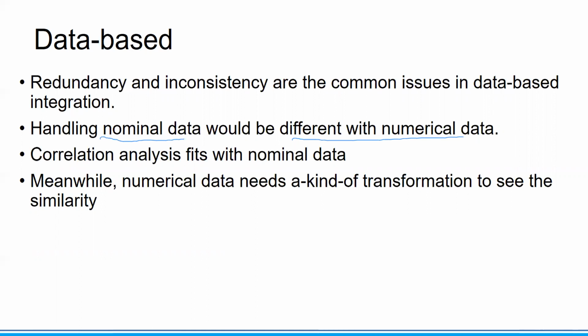So usually we use correlation analysis, which can be distinguished into correlation analysis for nominal data and for numerical data. Correlation is a kind of transformation to see the similarity. The correlation in nominal data is more about the observation.